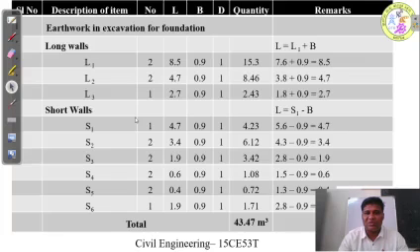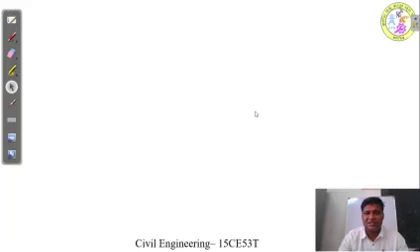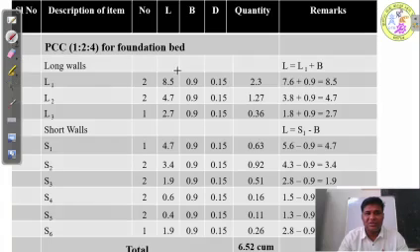So I am going to enter only the depth as 0.15 meters. So for this long wall, 2 into 8.5 into 0.9 into 0.15 will give me the quantity of 2.3 cubic meters.